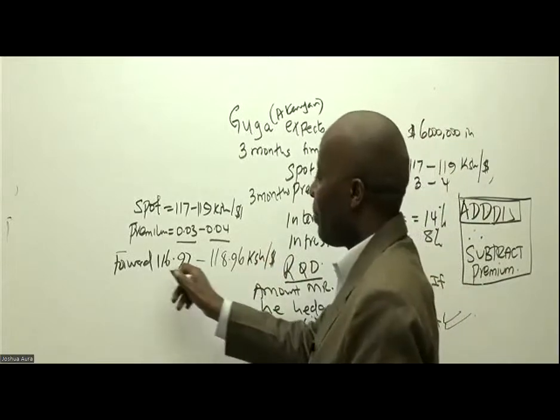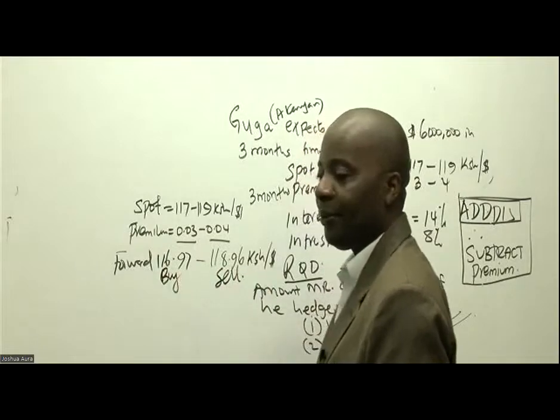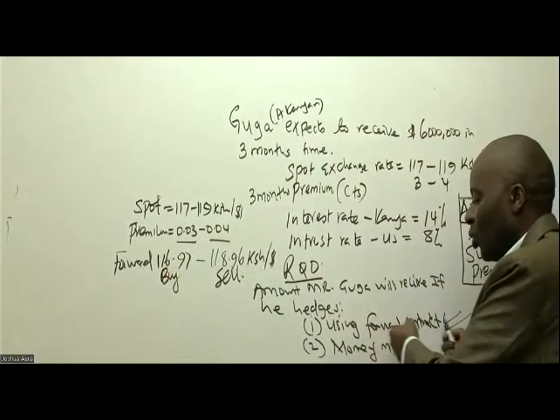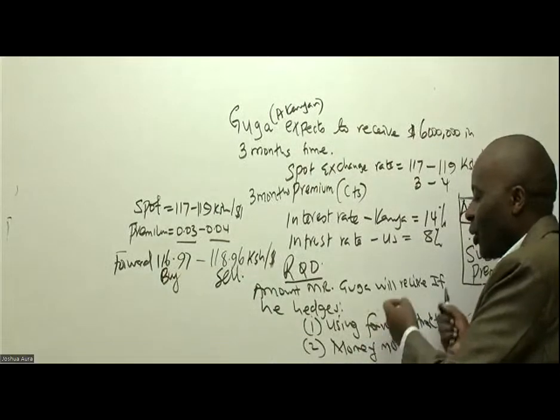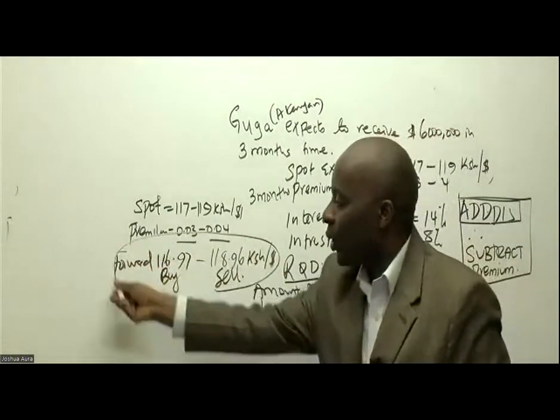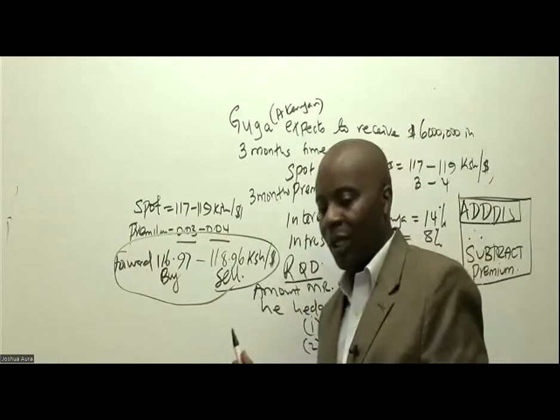So then this becomes buy, and this becomes sell. And because he is hedging in the forward contract, a forward market hedge, we are going to use this as the exchange rate forward.